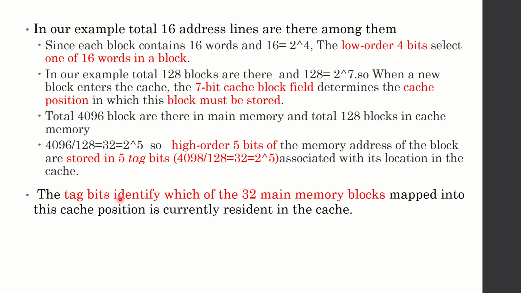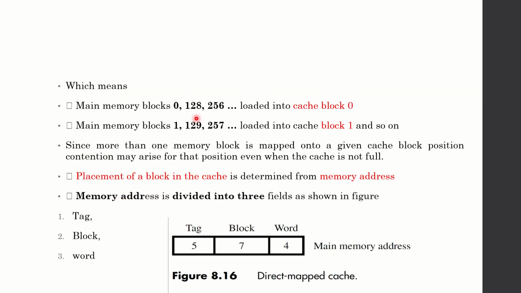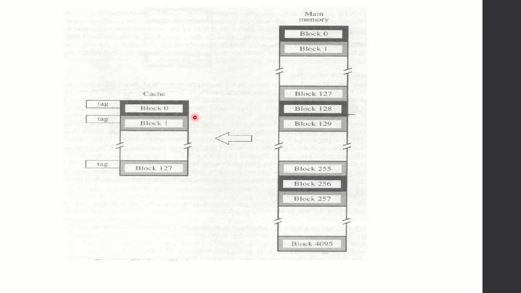And what is the use of the tag field? As I said, in our example, take block 0 of the cache memory in this figure. In our example, a 4096-block main memory is there. So in the case of direct mapping, which blocks can be mapped to block 0 of cache? Either block 0, block 128, or block 256. All can only be mapped to 0.